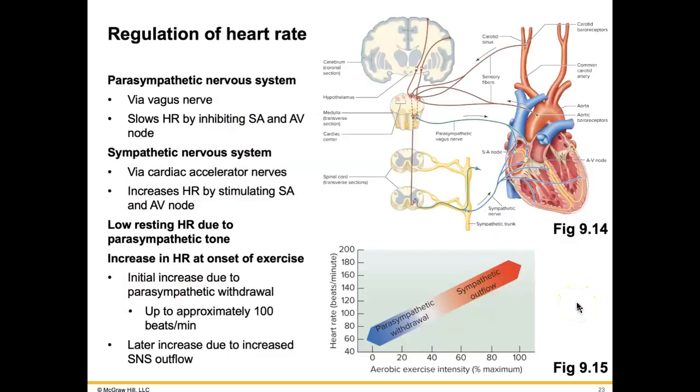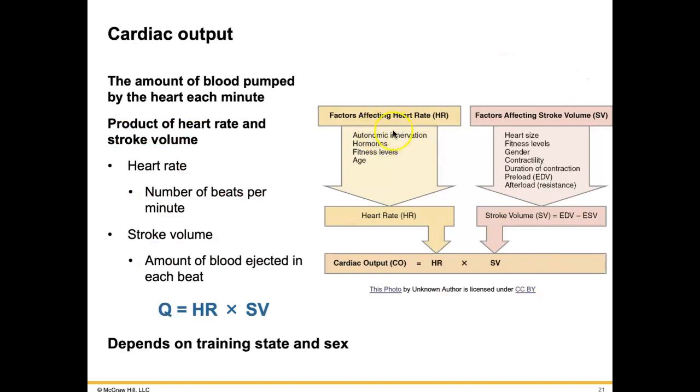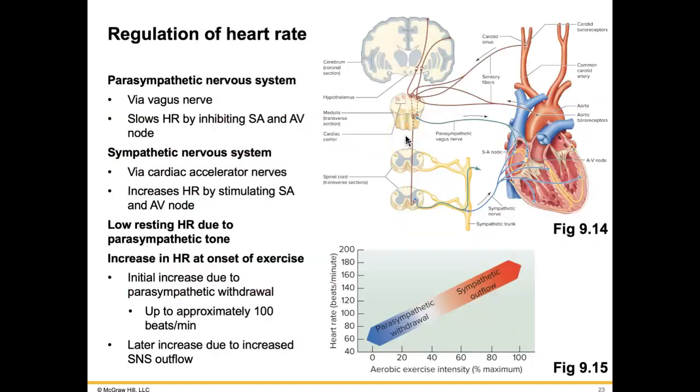Now, how do we regulate heart rate? We talked a little bit about this when we mentioned the autonomic nervous system component over here. And so what are the actual nerves that go and supply this? So when we look at our parasympathetic nervous system, the rest and digestive system, we are going to utilize a nerve known as the vagus nerve.